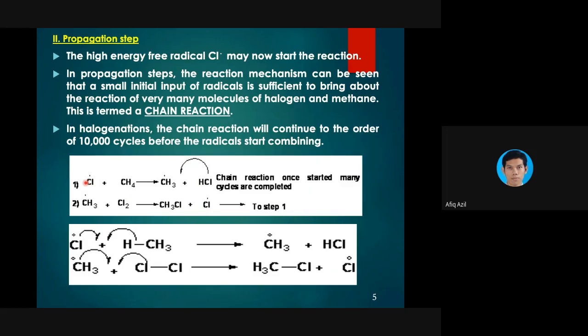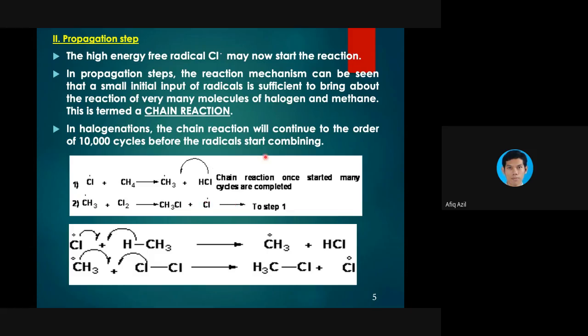Once you have that chlorine radical, it can be used to proceed with the propagation step. Just by having one chlorine radical, it can start the whole reaction. Once the product is formed and you have this Cl radical, it can go back to step number 1, meaning it will repeat again and again until all of the reactant has reacted, for example.